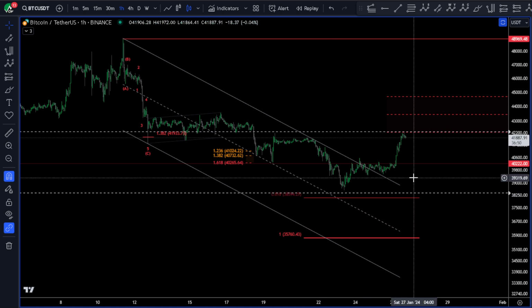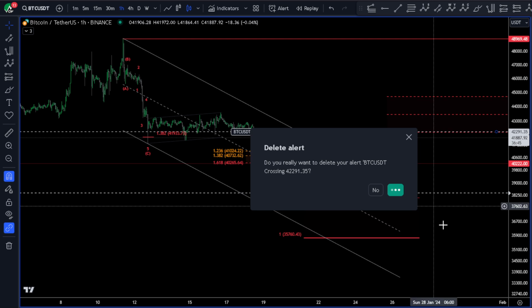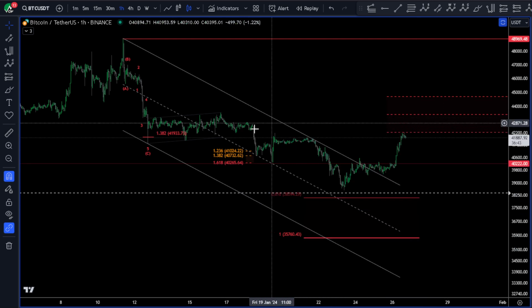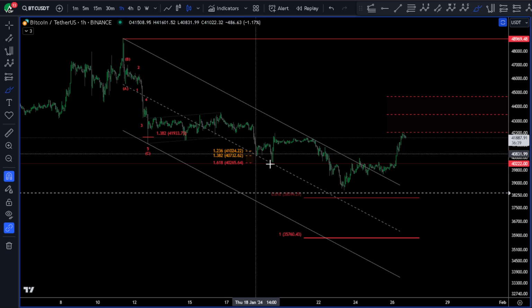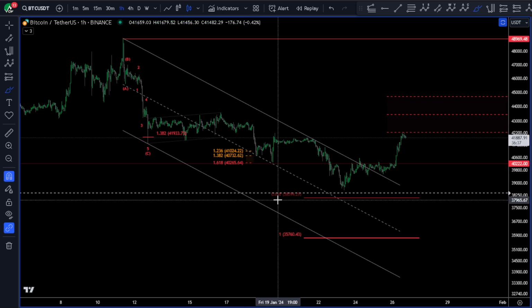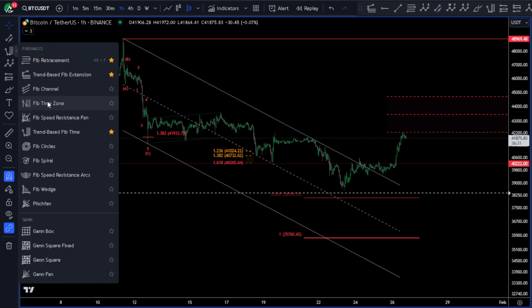Best thing I can consider at this point, I can remove this alert for now. This is the area with all the crap corrections. So one thing that sticks out in my mind here is this looks like equality.